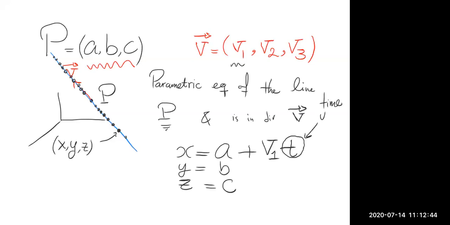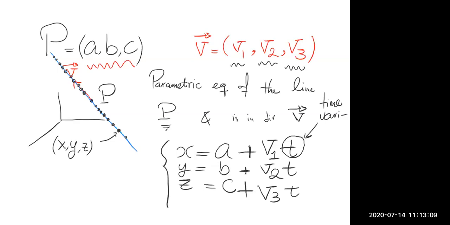I know it might be a little confusing if you haven't seen this thing before. Just stay with me. We would understand it in a few minutes. Y would be b plus the second component of v, v2 times t. And z would be c plus the third component of v, which is v3 times t.